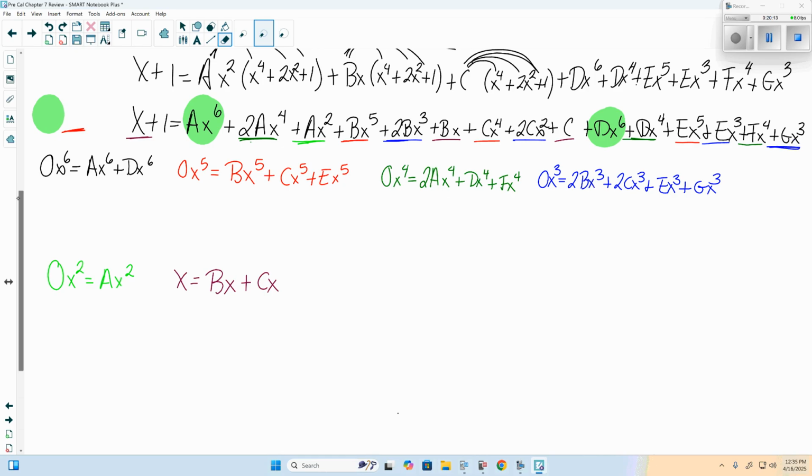Now here, luckily we hadn't done any calculations yet because that would have messed things up. But it's going to make things a little bit nicer. For our x to the fifth, we still have bx to the fifth and ex to the fifth, but no cx to the fifth, because c is with the fourth.